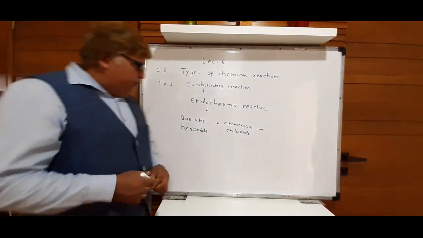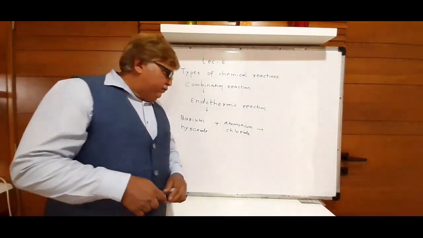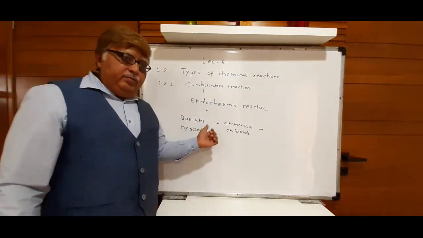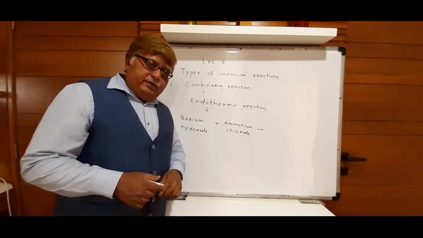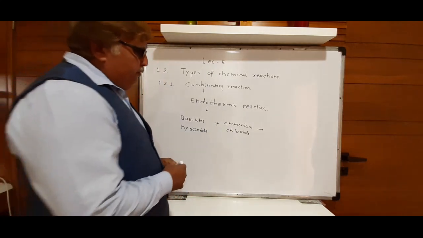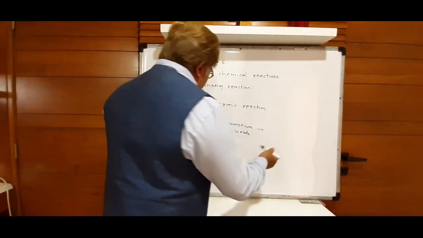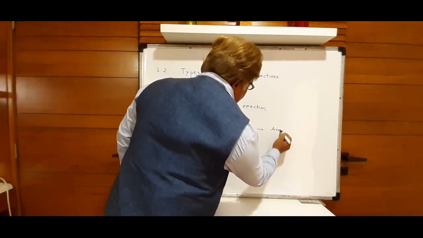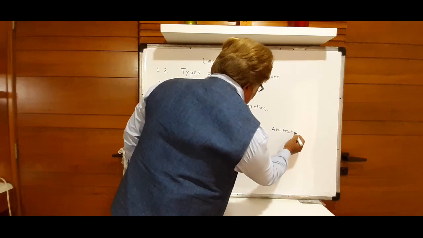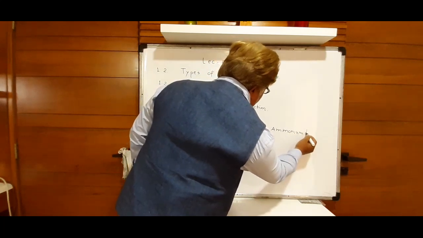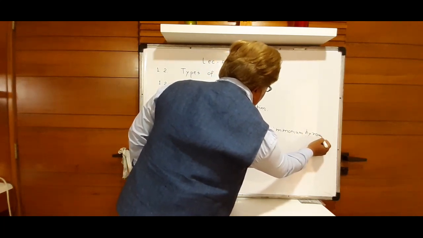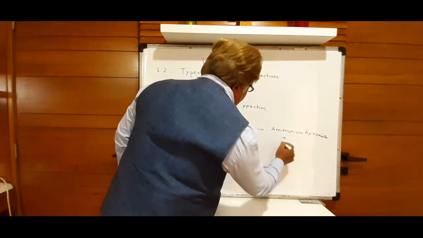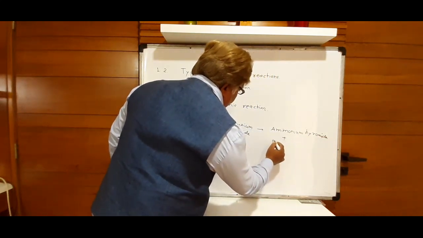Okay, dear students, I have given you enough time. Barium hydroxide, ammonium chloride. Let me write for you the products. It forms ammonium hydroxide plus barium chloride.